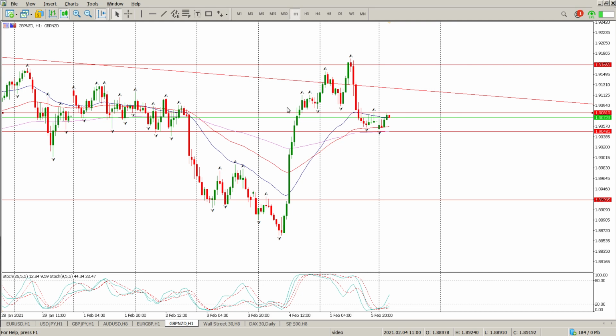So for me, looking for play back to the upside, but we need to get above this area, and that is a massive level of resistance. So for me, just wait for the trade. Stop is below the current low of today, and we're looking to basically tag 191.663. But I do suspect that that's going to break to the upside sometime this week or next week.